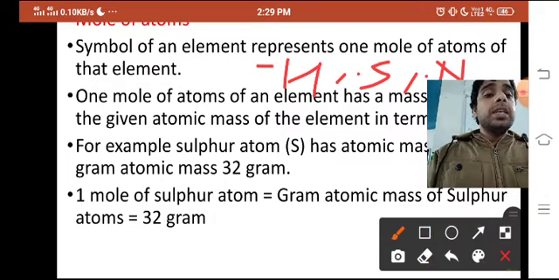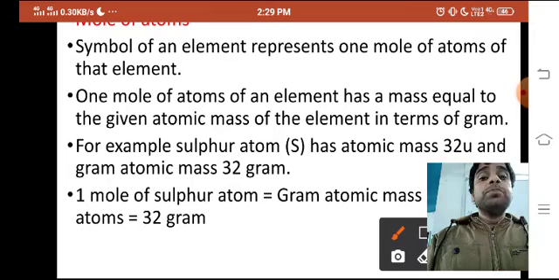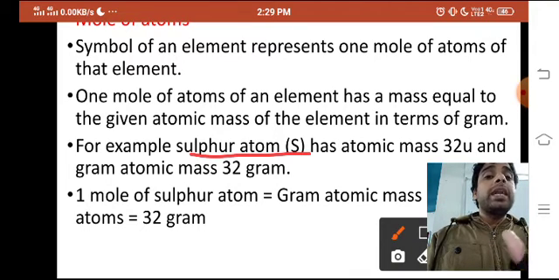And you can see that 1 mole of atoms of an element has a mass equal to the given atomic mass of the element in terms of gram. What is the meaning of that? If I have written sulfur, S, that means we are talking about 1 mole of sulfur atoms.